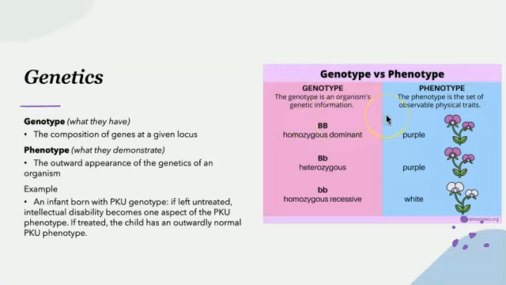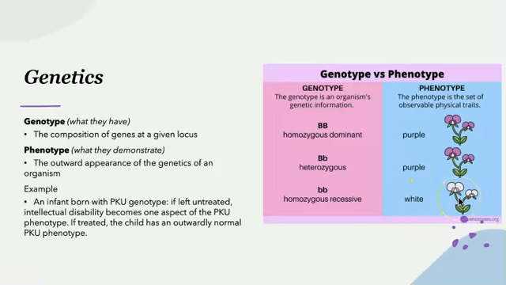So we use the example here of the flowers and their colors. The big B is representing the dominant gene that brings out the purple color. So when we have heterozygous together, that big B is bringing out that purple color. It kind of overrides the recessive little b. But when we have two little b's that are homozygous, that means it's recessive and we are going to get that white color.